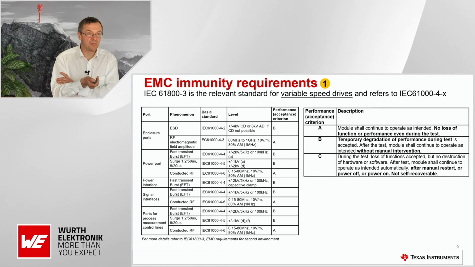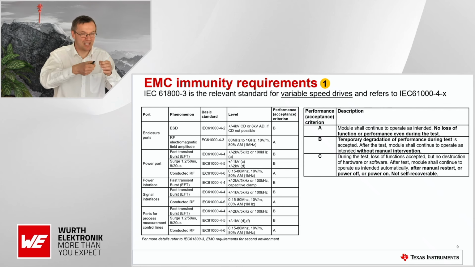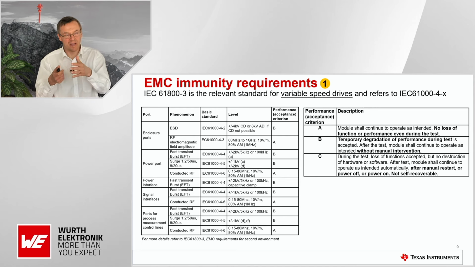Now, looking at the EMC requirements, we looked at the motor drive standard, and here there is a nice table showing the requirements of the standard for the EMC measurements. What you also see is the definition of criterion A, criterion B, and criterion C. The test will accept criterion B, meaning temporarily the system cannot work, and as soon as you stop the test the system automatically goes back into a functioning state, this is okay for the test.